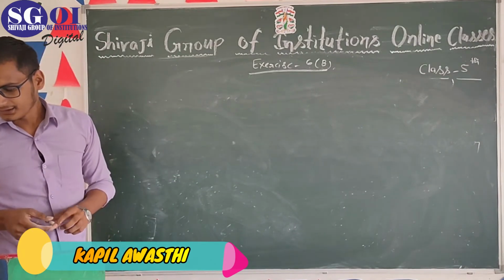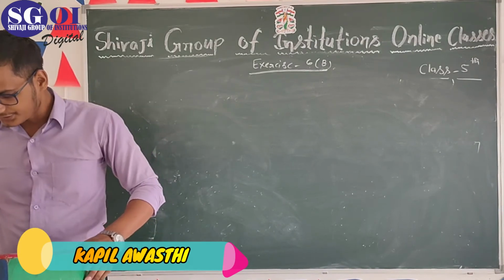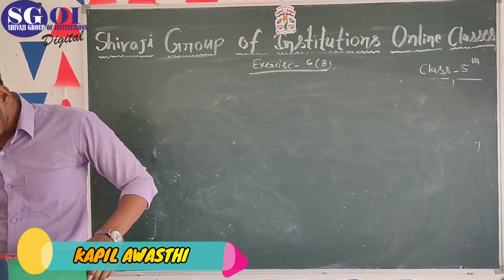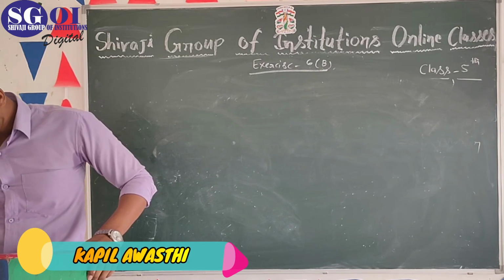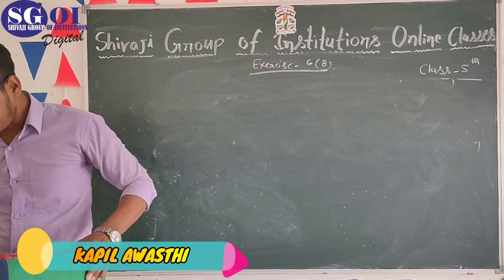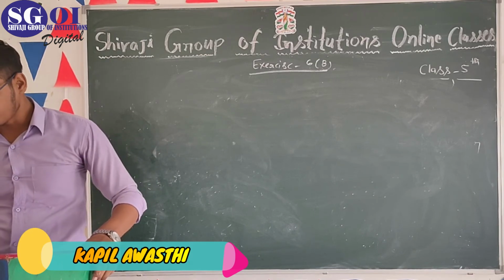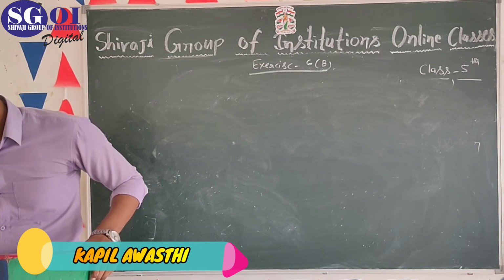So question number 9: express each of the following numbers as the sum of twin primes.